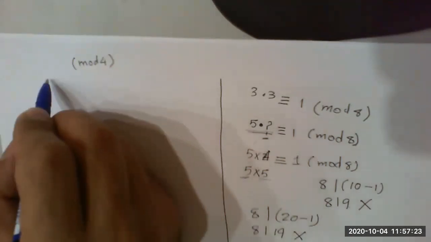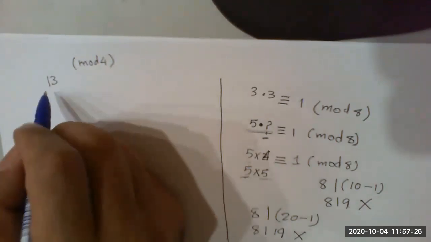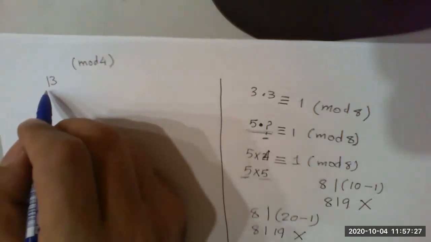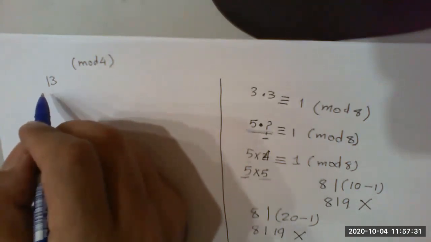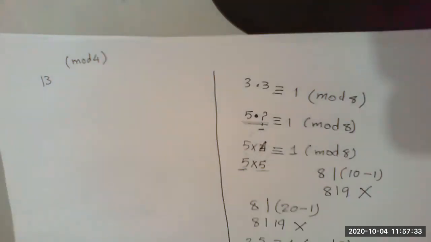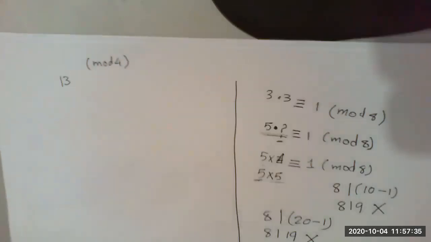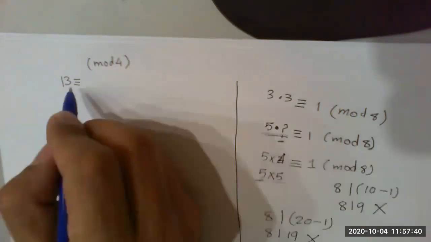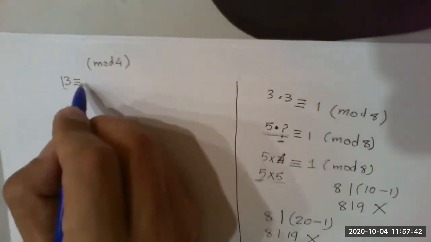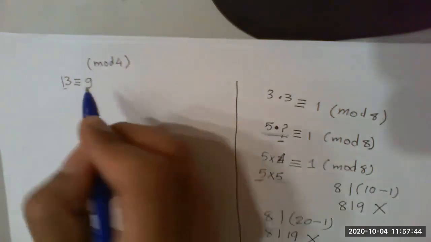I will not write down what is inside the slides, because this is just going to be a repetition and you will not understand anything. I will give you an example out of my mind, because this will make it very easy for you to understand the residue. Let's take an example. 13 is congruent with 9 mod 4.